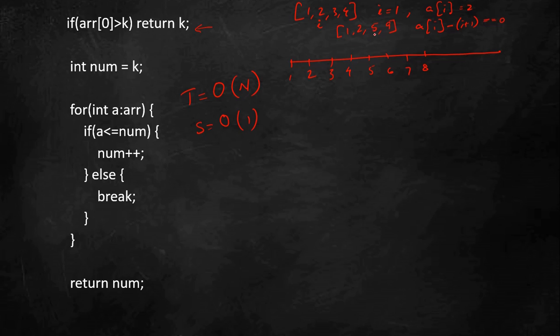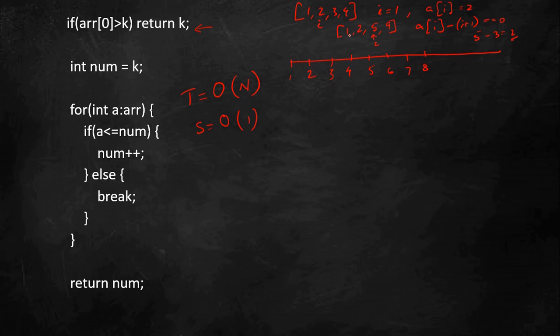If my i is at this position, the value of i is 2 and a of 2 is 5, so i plus 1 is 3, and 5 minus 3 equals 2. So I can say that till this point there are two missing numbers.